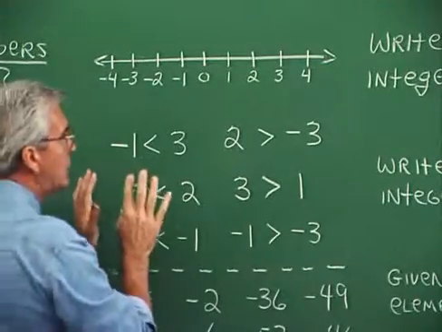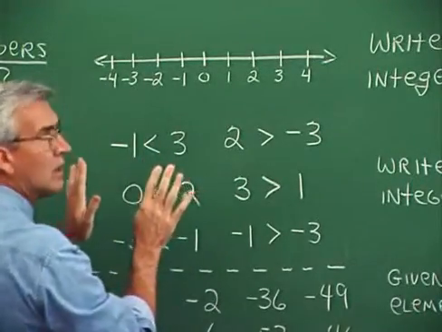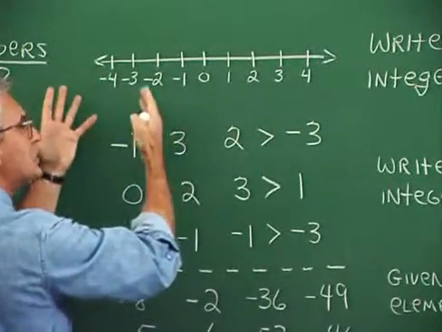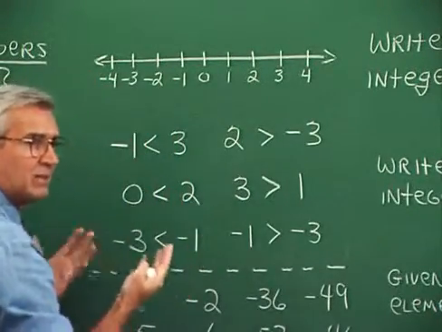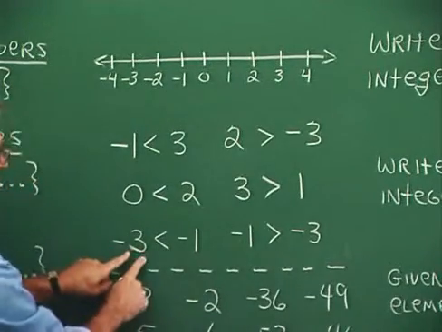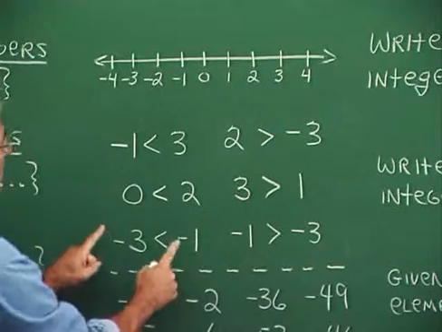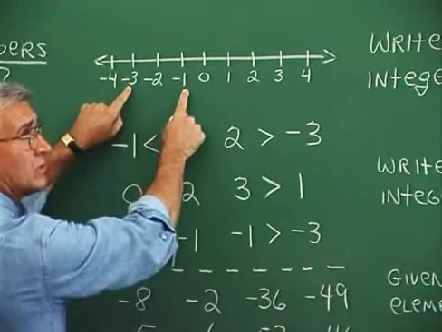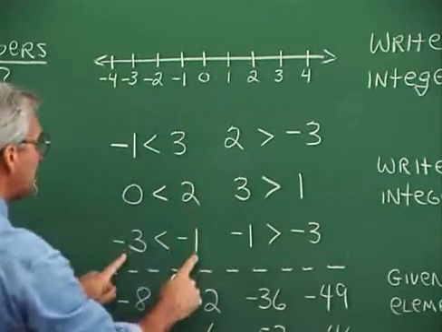Now, if there's any challenge in determining order relationships on the number line, it's between any two numbers that are both negative, because it's a little bit counterintuitive. When we see, for example, -3 and -1, from the number line, you see that -3 lies to the left of -1, so we know that -3 is less than -1.